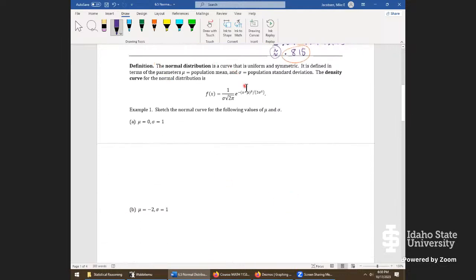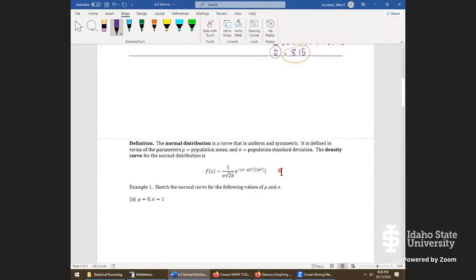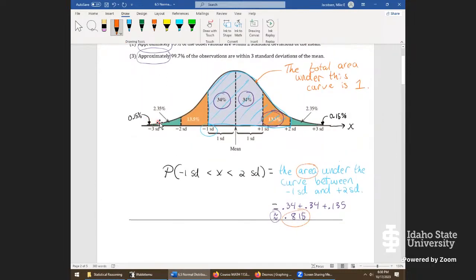We're going to define the normal distribution as a true mathematical object and give it an actual formula to plot. This is not a formula you have to memorize. Let's mention that right here. It's really just here for the sake of completeness, so you know what we're talking about when we say normal distribution. This weird formula is the equation for this curve that was sketched right up here.